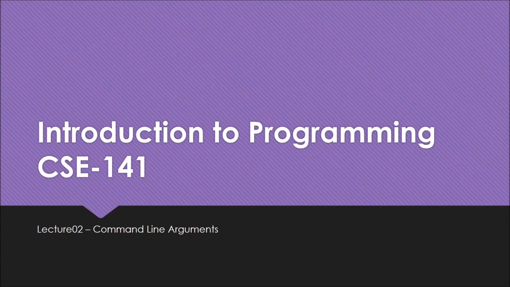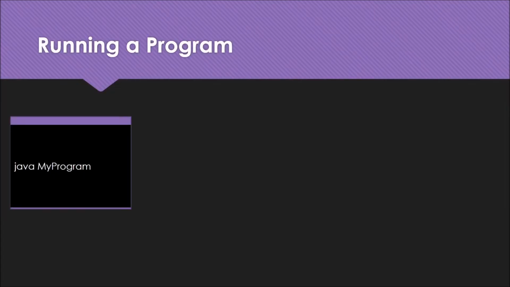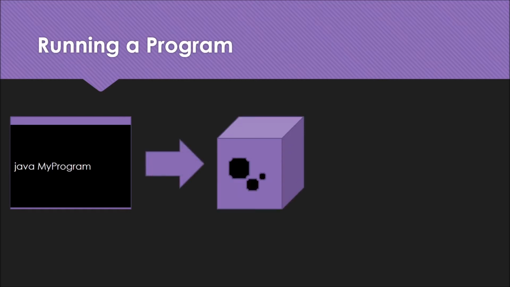So moving on, whenever you are running a program, normally you have written javac myprogram.java. So the program has compiled, and you have a myprogram.class file. So now you write java myprogram, and what it does is it executes whatever is within the program.